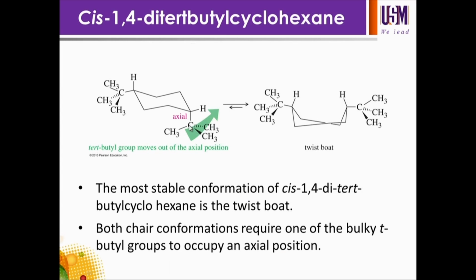So the tert-butyl group at axial position will be forced out to interconvert to the twist boat, so that both of these tert-butyl groups are in equatorial position. Because otherwise we will still have the 1,3 diaxial interaction between carbon number 3 and carbon number 5.